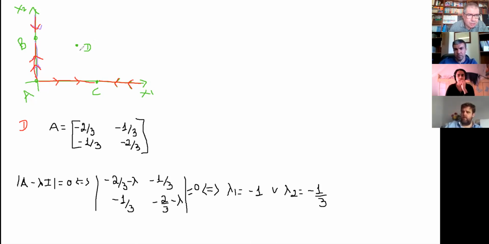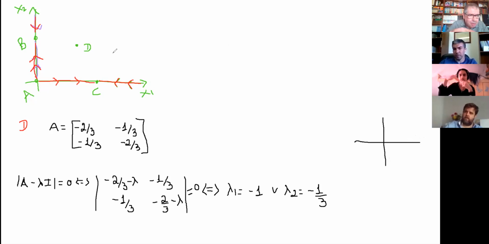Locally, what is the shape of the trajectories? Locally, there was one trajectory that we could find exactly that connects A and D, remember? Oh yeah, we concluded that the system of equations is symmetric. And then we computed when x1 is equal to x2.